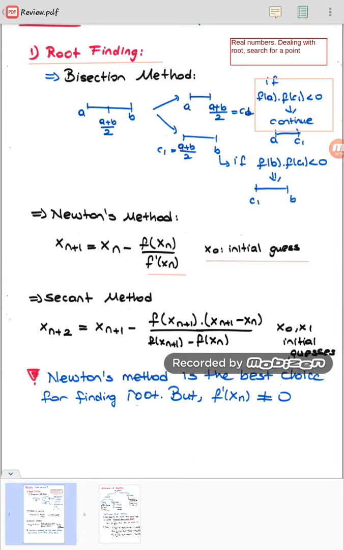To overcome the x0 choice problem, which is challenging, we can benefit from the bisection method. Bisection can be helpful for Newton's method because in bisection you are sure that a root exists in the interval.